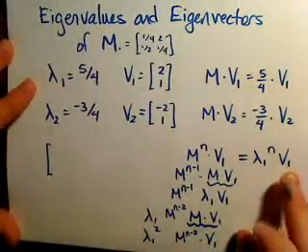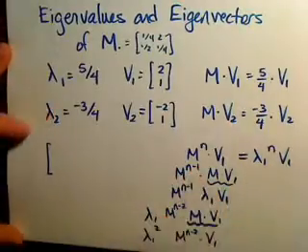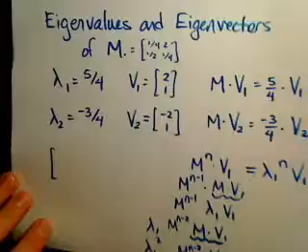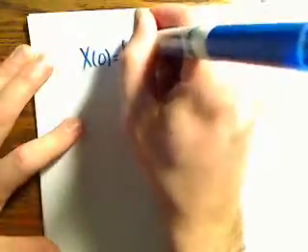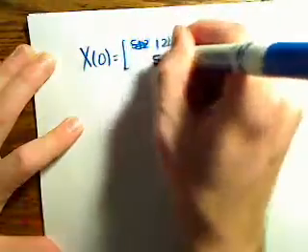So that's one thing that's going to be nice. That's going to be a time saver for us, because multiplying by a number to a power is much faster than multiplying by a matrix to a power. Here's the beauty of this, though. Say we had that x0, which was 128 and 512.